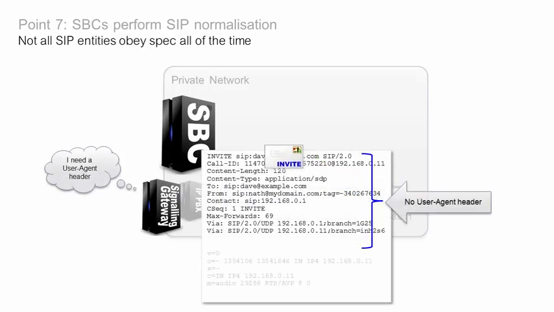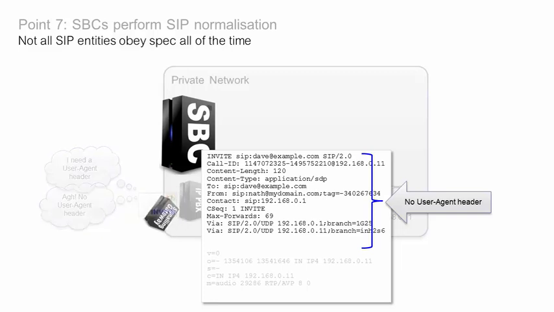SBCs also perform SIP normalization. That's point 7. As much as we like to think SIP from all vendors use the prescribed SIP syntax, sometimes they don't. Maybe this gateway absolutely needs the user agent header, crashing if it receives a request without it.